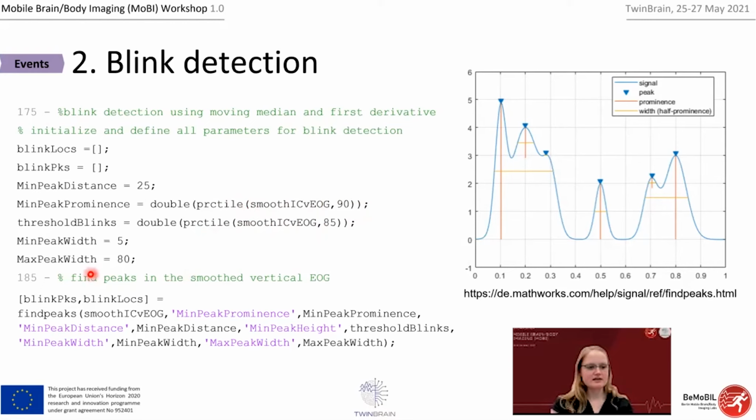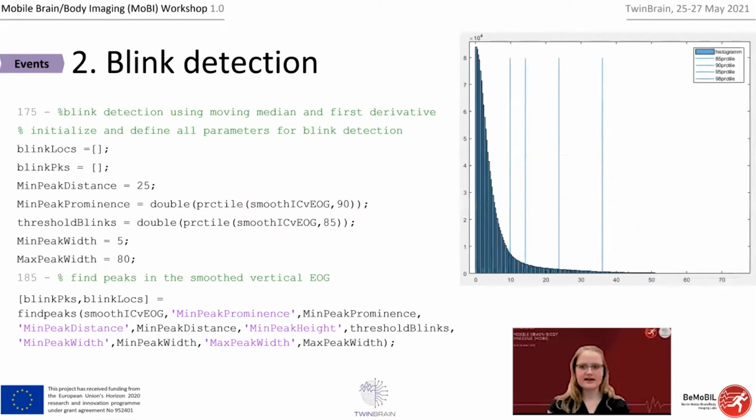And saying that, I'm gonna just go on to the next slide, where I plotted the histogram of the IC activations of this blink component. And as it is the absolute values, it starts at 0. Otherwise, it would look different.